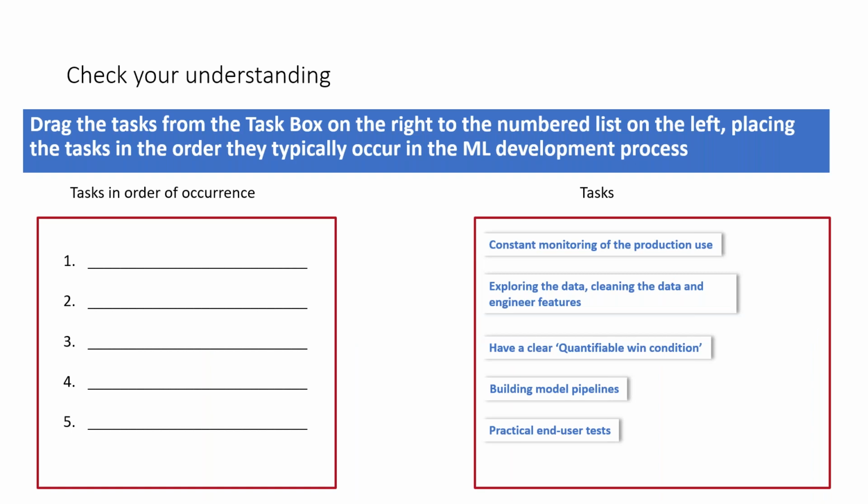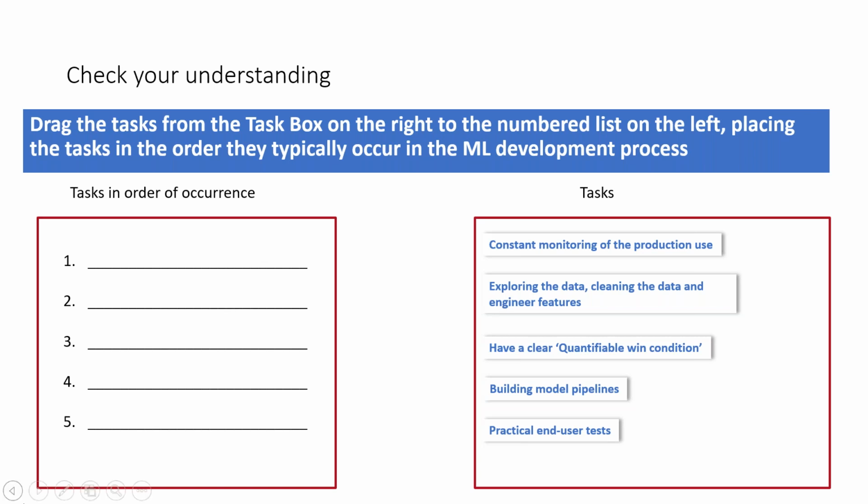So I have 5 tasks, and within each stage we do a task, as I described in all the 5 stages. So we have to keep them in the order in which they occur. First task goes into 1, the last task into 5. On the right side, they are in different order.